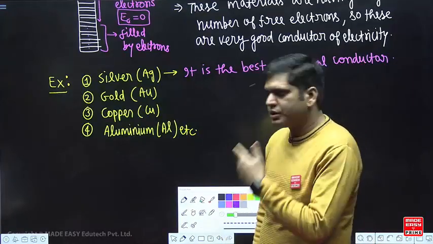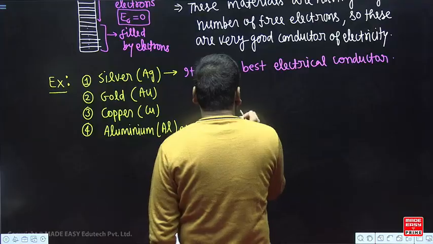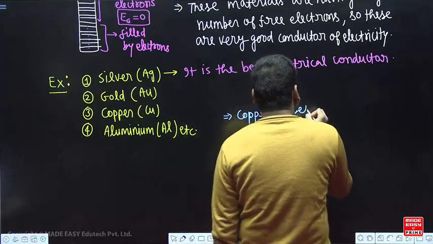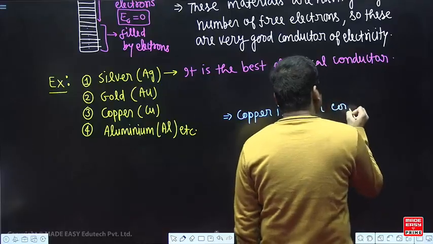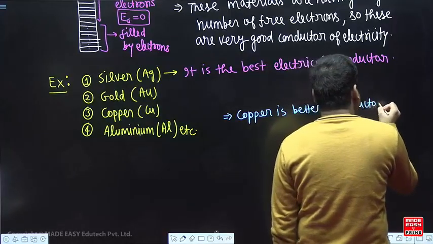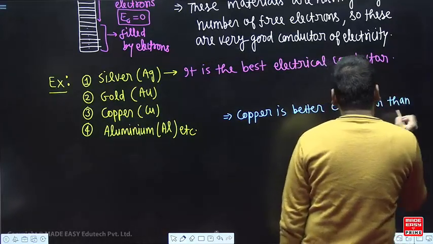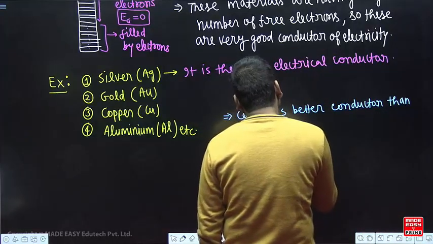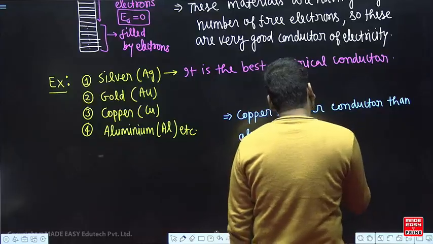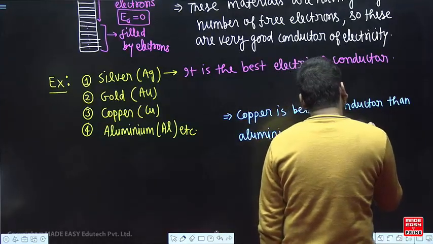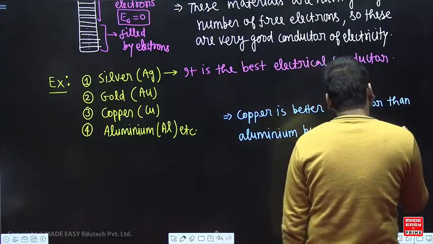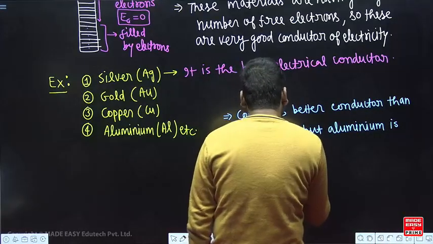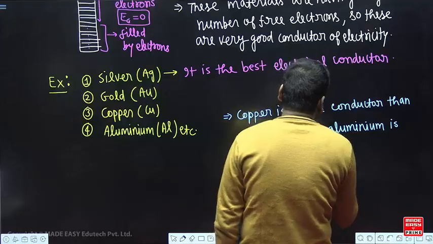Otherwise copper is a better conductor than aluminium. So you can write: copper is a better conductor than aluminium, but aluminium is cheaper than copper.